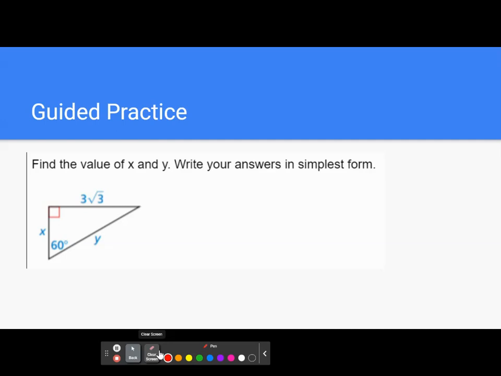Make sure you find X and Y. Write out your formula first, like how we wrote these out. Write that out first, and then plug it in, so you know where to put in your X and where to put in your 3 square roots of 3.